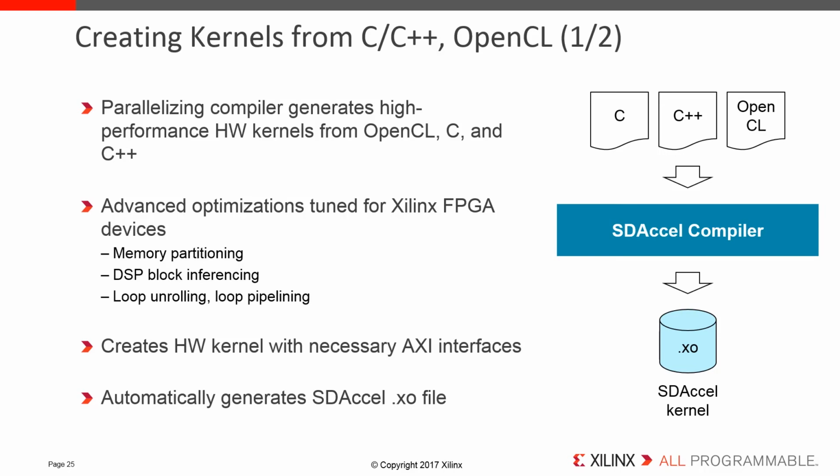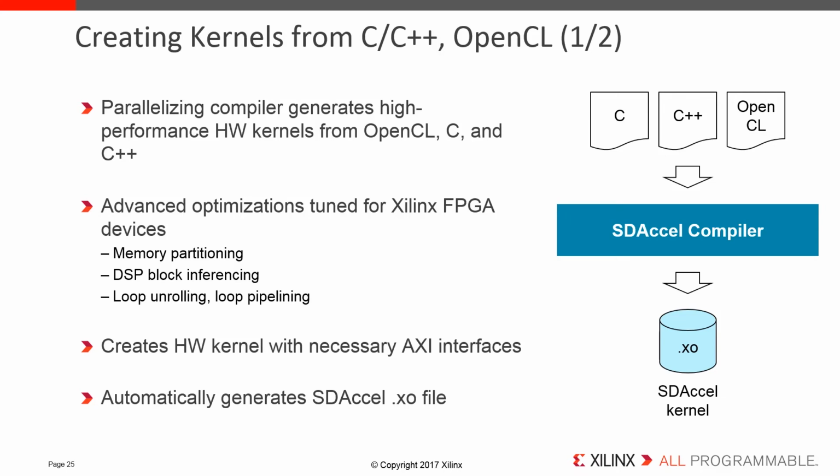Kernels can also be created from C, C++, or OpenCL code. This flow is well suited to software and algorithm developers. It makes it easier to start from an existing C or C++ application and accelerate portions of it. SDAccel provides a special parallelizing compiler which synthesizes high-performance kernels from C, C++, or OpenCL.